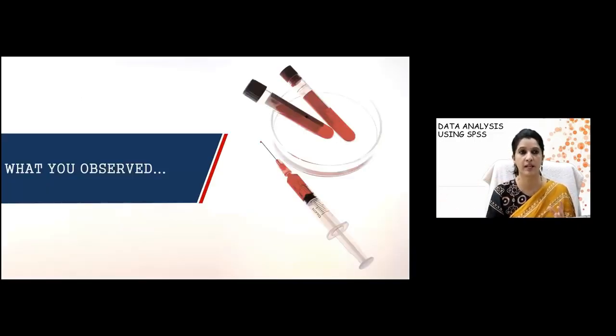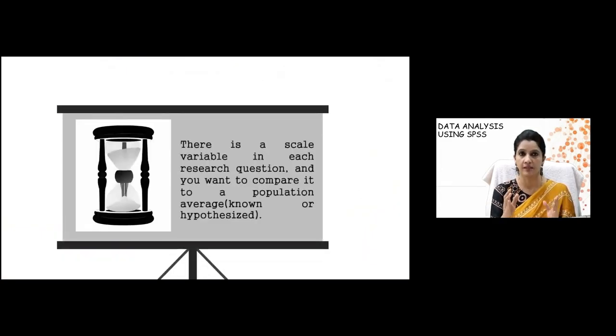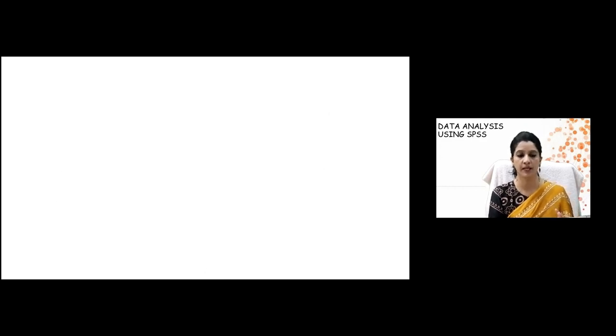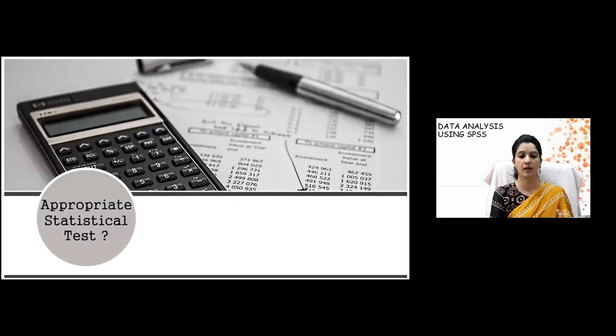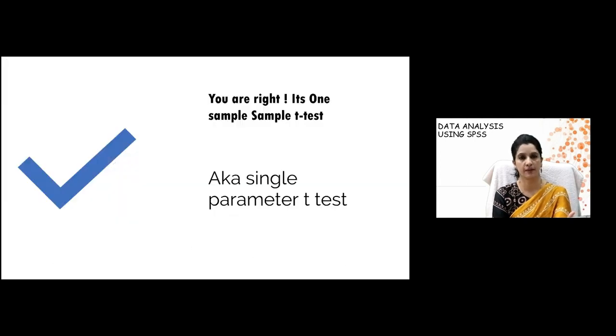So in all these cases, what have you observed? That we are testing a scale variable in question, and we want to compare this with the population where the average is either known or hypothesized. So the appropriate statistical test will be to check whether there is any difference in the average score of the scale variable against a known or hypothesized value.